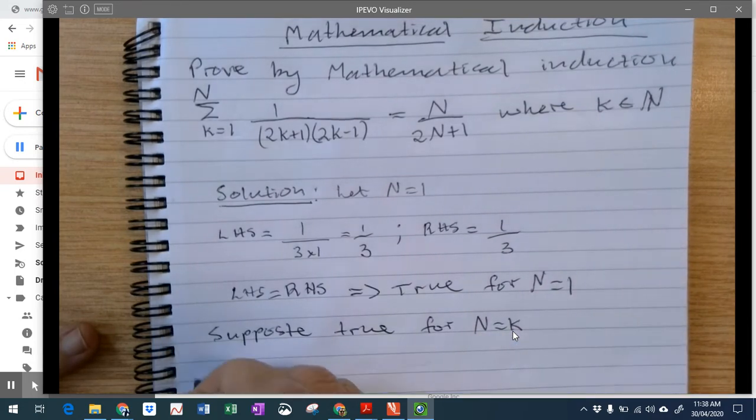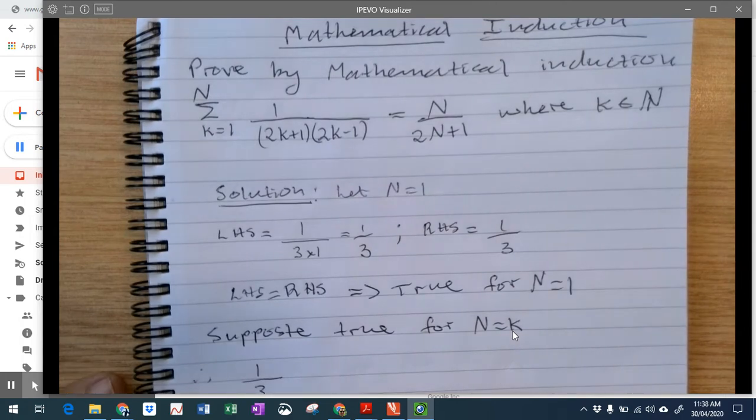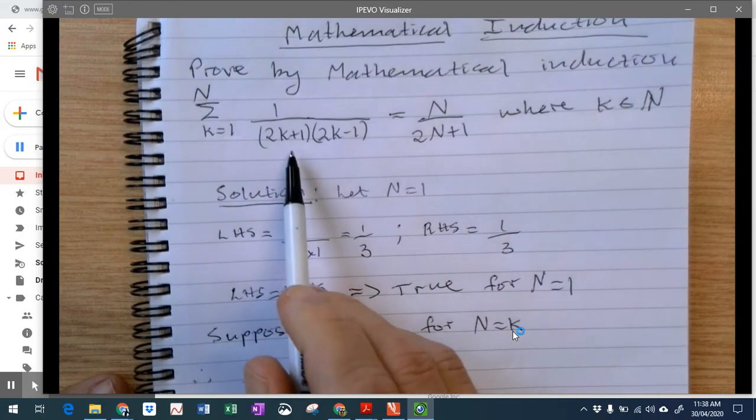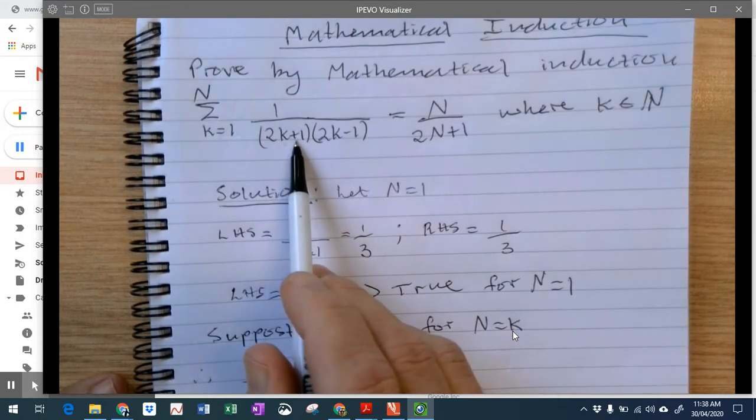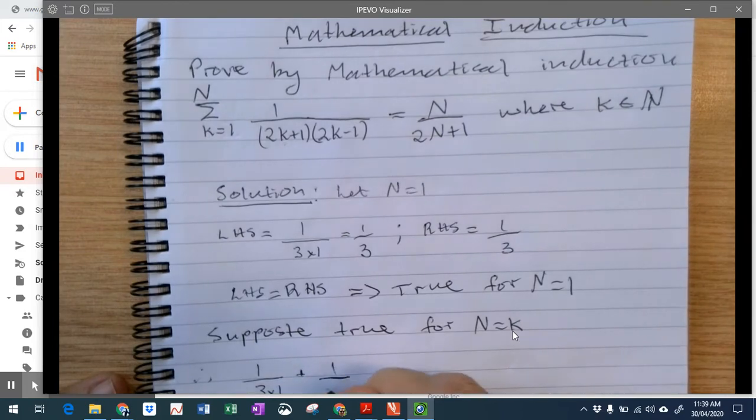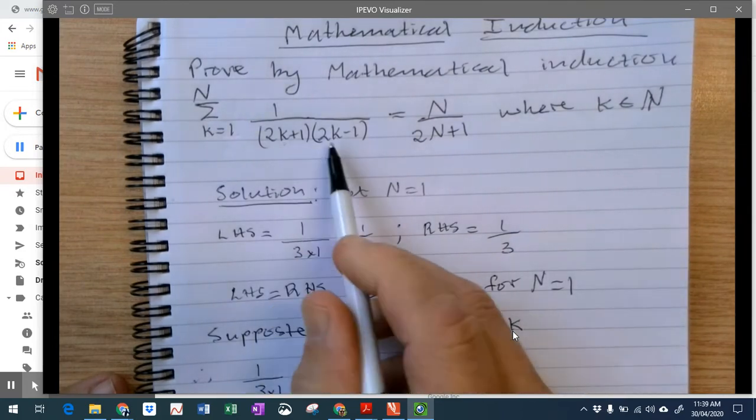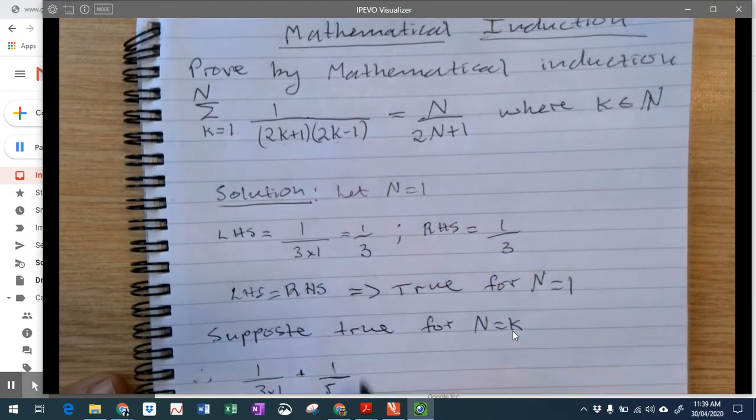So start off with 1 over 3, and then plus 1 over, okay, next value you're going to put is 2, so if we put 2 in here, you get 5. That's 3 times 1 there, so you're going to get 5. And then over here, if you put 2 in here, you're going to get 3. 5 times 3.